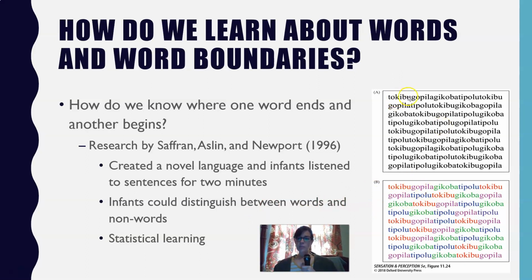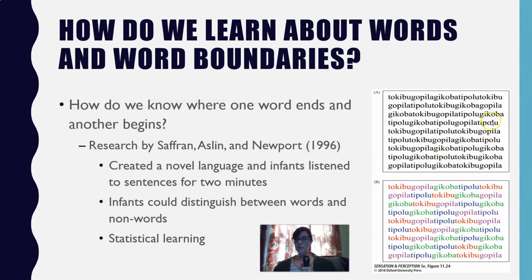So we get Tokibu, Gopila, Gikoba, Tipalu, Tokibu, Gopila, Tipalu, Tokibu, Gikoba. So it sounds like a string. But what's interesting is that certain phonemes are more likely to occur together. So if I get Toki, it's probably going to be followed by bu. Part of the reason you learn about words and word boundaries is because you're unconsciously learning what phonemes are more likely to occur together and what phonemes are less likely to occur together.